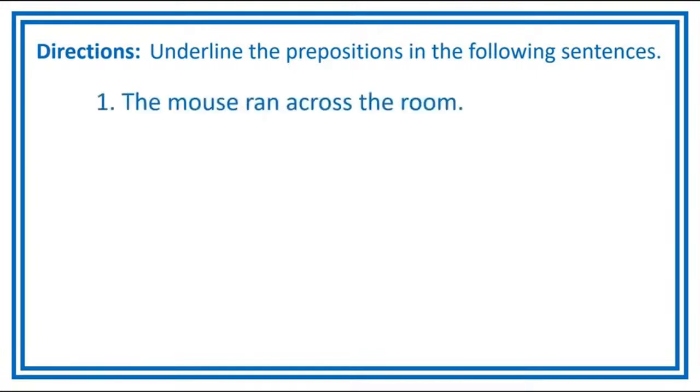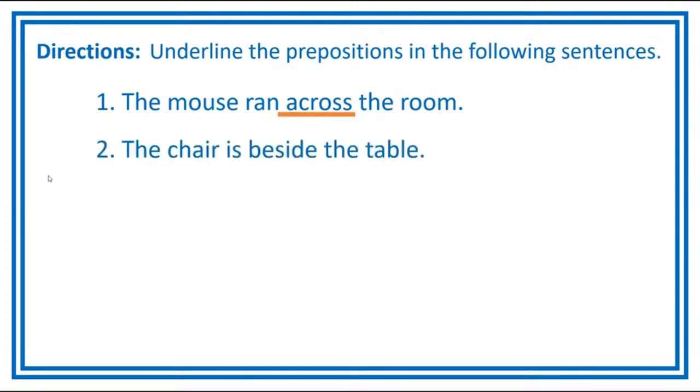Number 1. The mouse ran across the room. Answer is across. Number 2. The chair is beside the table.